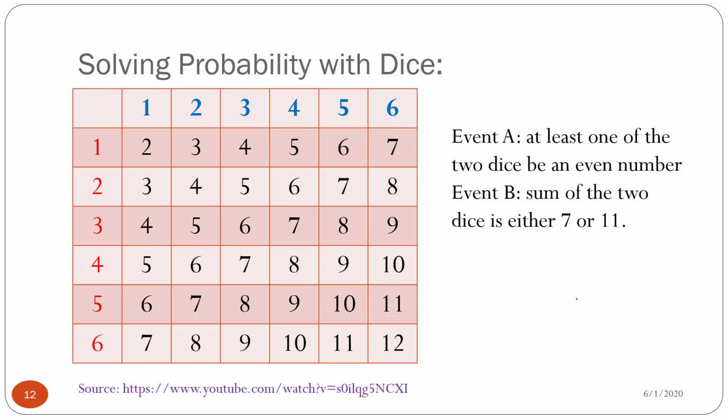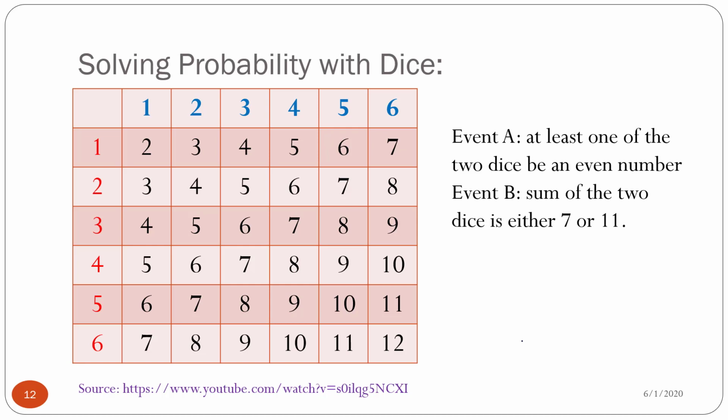Alright, so this is a trick that I found online. Here is the link to the YouTube video which I really enjoyed when you have to solve a probability question involving a pair of dice, where the question is about the sum of the numbers that show up on the dice. So what's the trick?